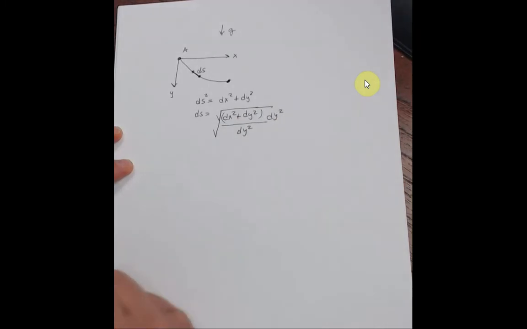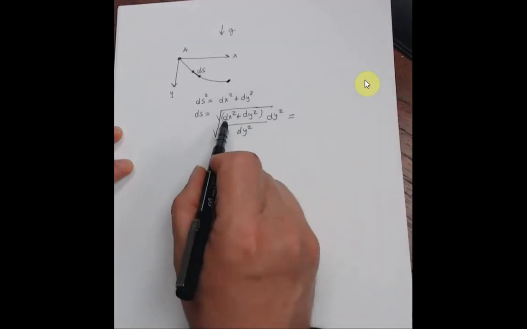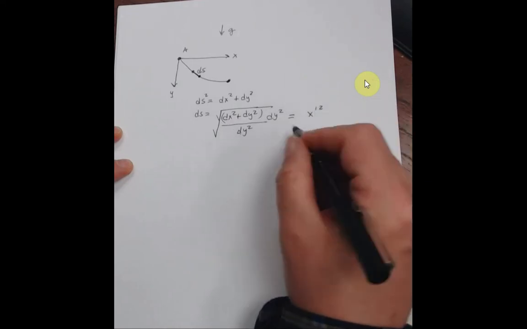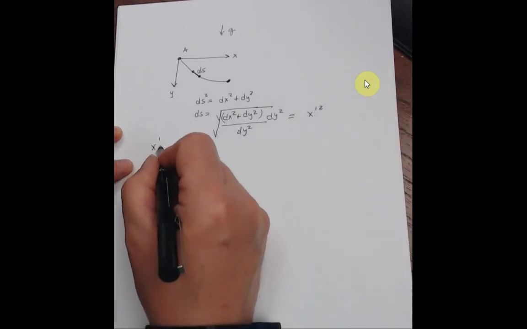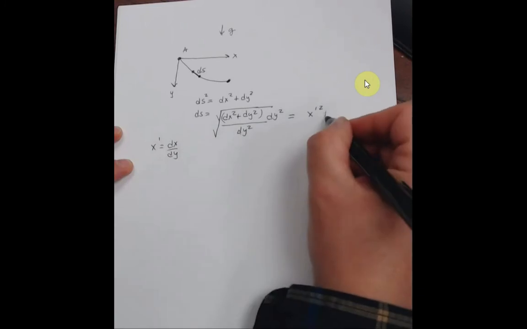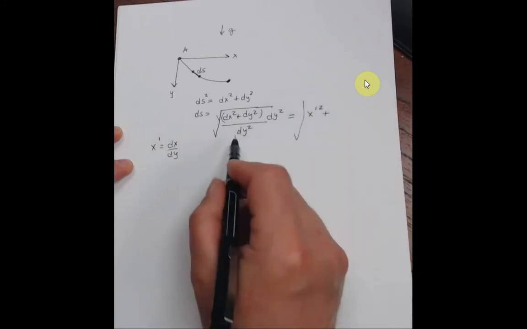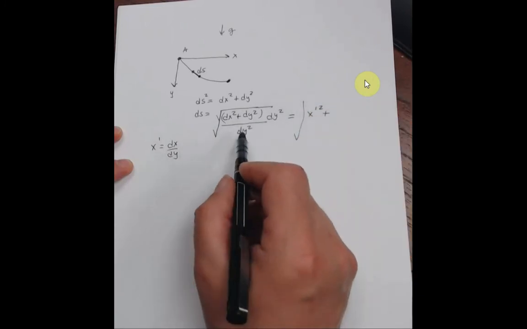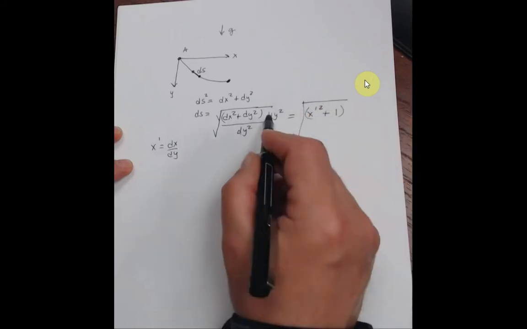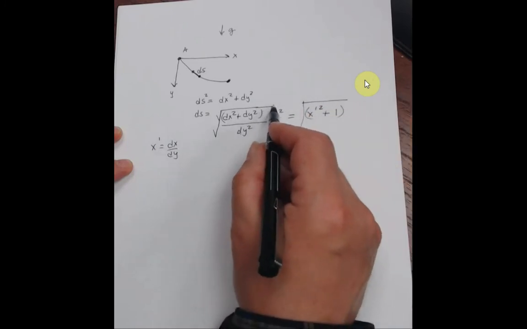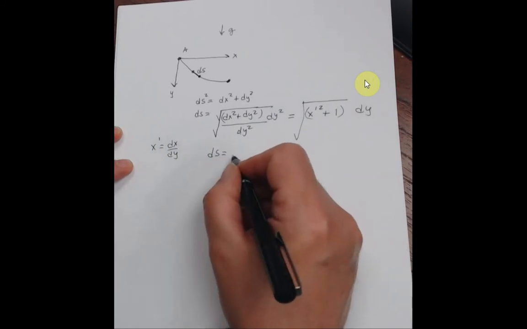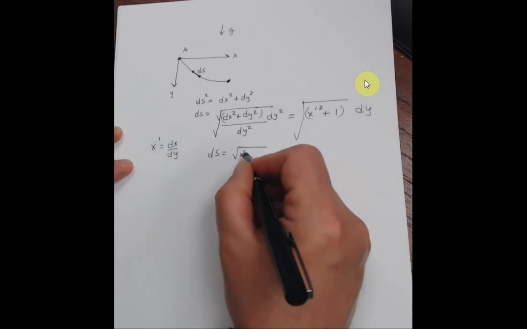There's nothing wrong with doing that. And I have dx/dy squared, so that's going to be x prime squared, where x prime is dx/dy. Plus, and this is all under the square root, dy over dy, so that's 1. And then I have dy squared under the square root, so that's just dy. I'll pull that out. It's going to look now like this.